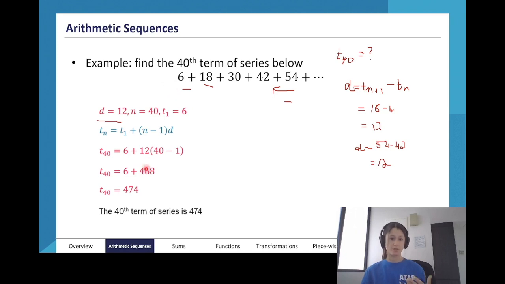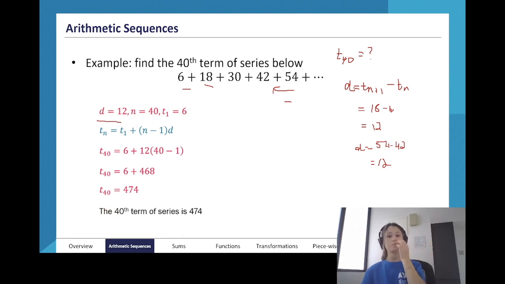So yeah, just have a look at whether your sequence is increasing or decreasing, and also how far in the future your term is. This is term 40, so it makes sense that it's way bigger than our first term. But if this was only term 10, it'd be like, well, how did we get to 474?